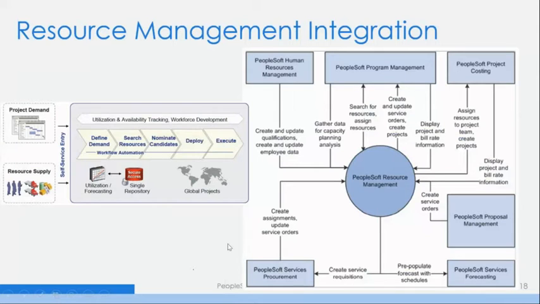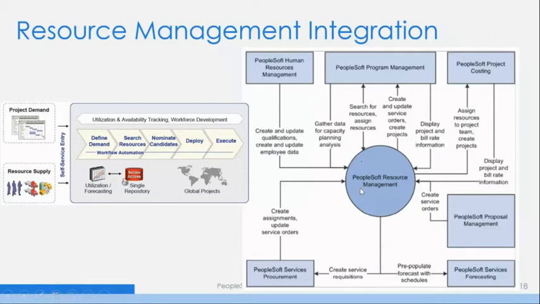Okay, the next slide talks about some of the integrations in resource management. I'm not going to go through all of these. We kind of looked at some of the overall ESA module integrations, but the gist of it, PeopleSoft Resource Management really works across both HR and financials.